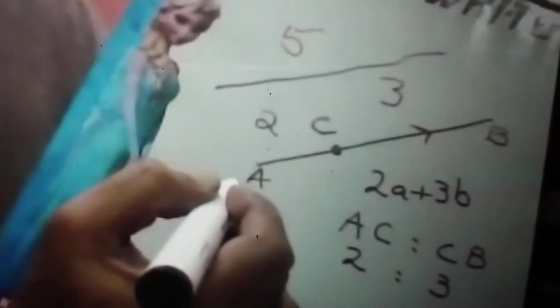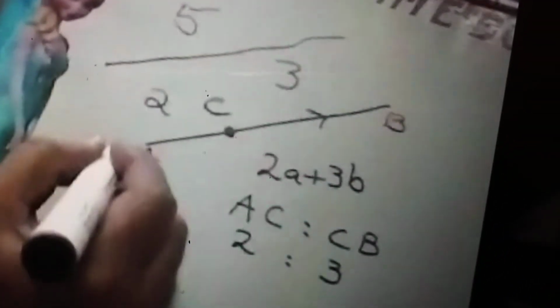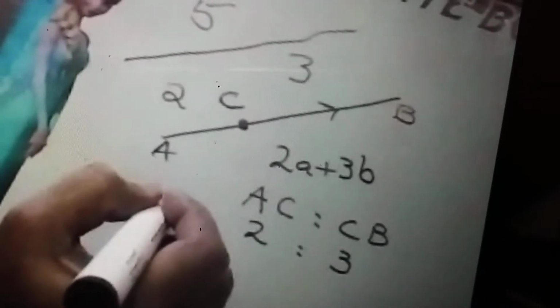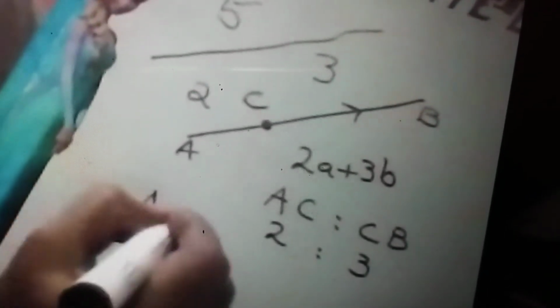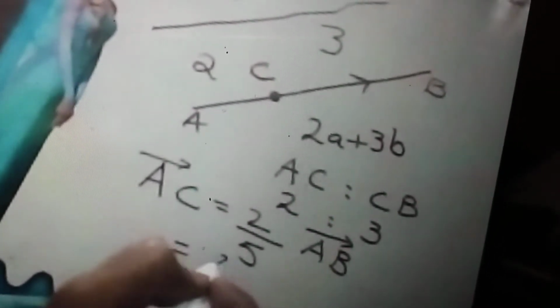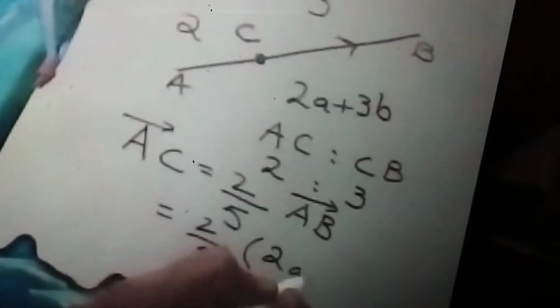If I want to express AC in terms of A and B, I will write AC equals how many parts? This will be 2/5 of the total AB. And AB is expressed by 2A plus 3B, so you do 2/5 of 2A plus 3B. You write 2A plus 3B in place of AB.